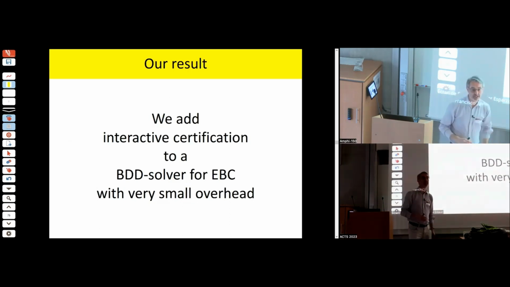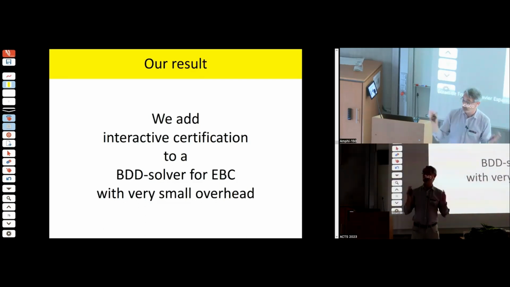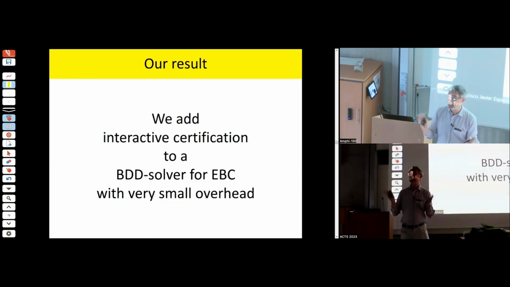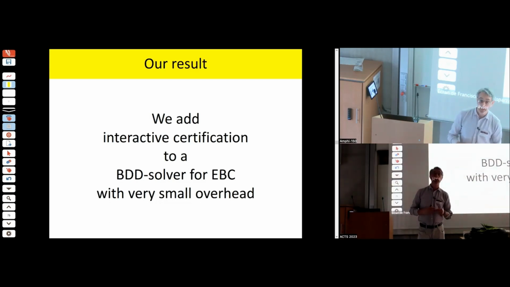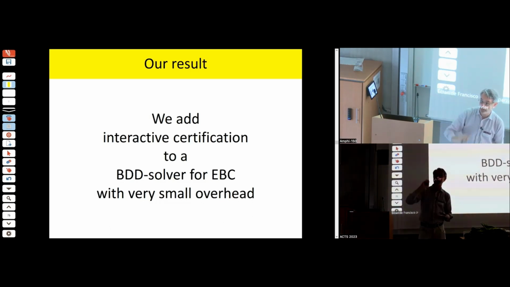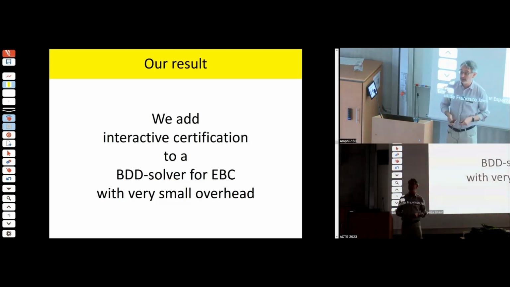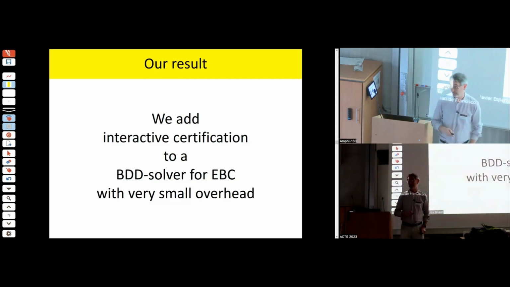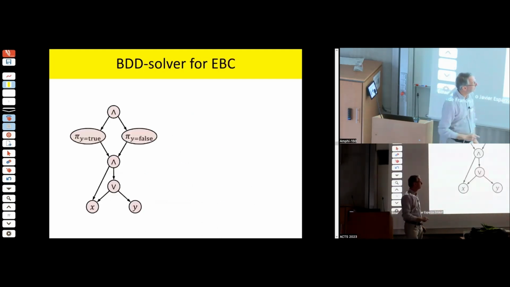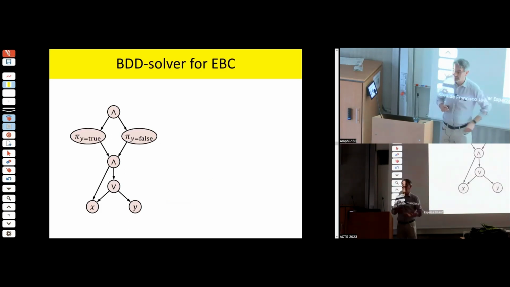So actually, the goal is that the prover does its thing using, for example, and we are going to do it here with BDDs, and then the certification is only going to take constant more time than the time needed to produce the BDDs. Okay, so this is going to be also a good deal for the prover, not only for the verifier. That's the idea. Okay, so now let me try to sketch how this thing works.